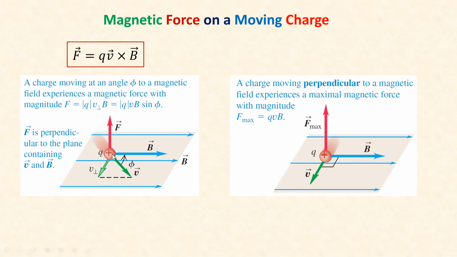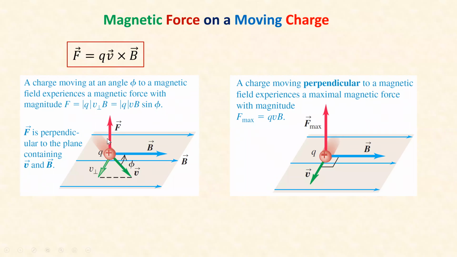Then we want to see what happens if a charged particle is moving at the velocity v in this magnetic field. The result is it experiences a force. The force is perpendicular to both the magnetic field and the velocity vector, and therefore it is perpendicular to the plane that passes over the magnetic field and the velocity vector at that moment.